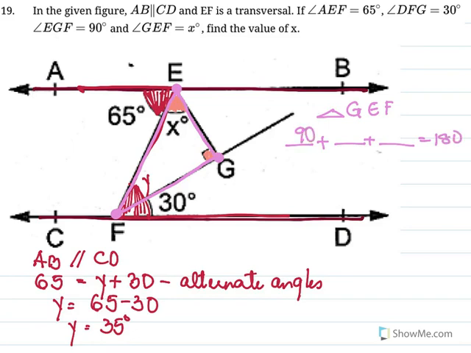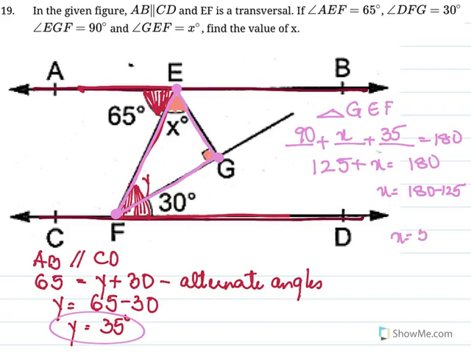We know G is 90, X we don't know. We now recalculated Y as 35, so I will put 35. So we have 125 plus X equal to 180. So X is 180 minus 125. So X equal to 55 degrees.